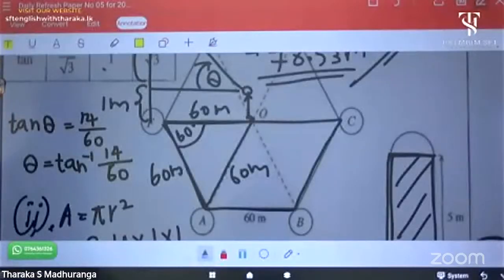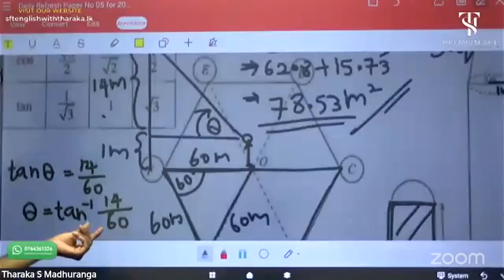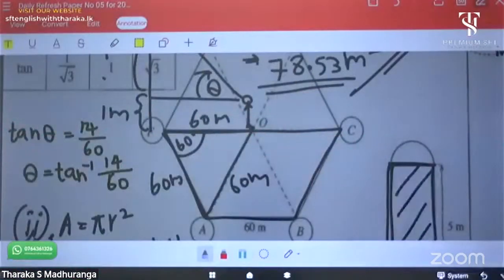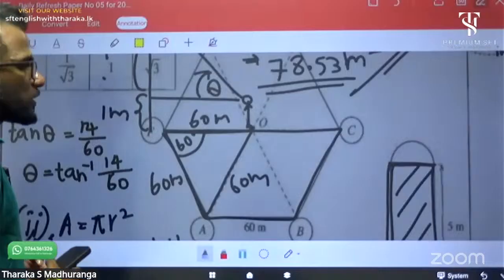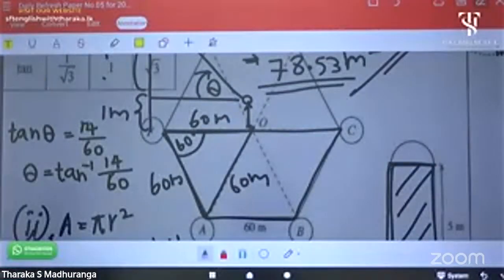Now you can get the angle using a calculator, tan inverse 14/60. Approximately it is 13 degrees.